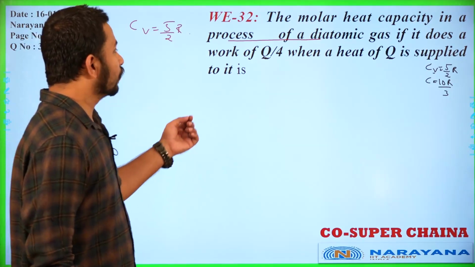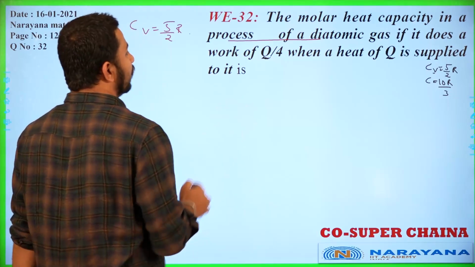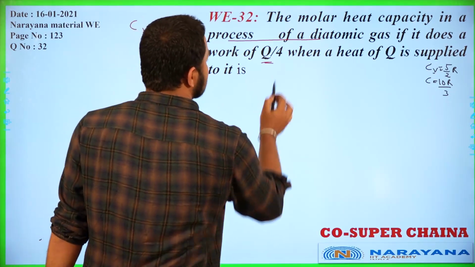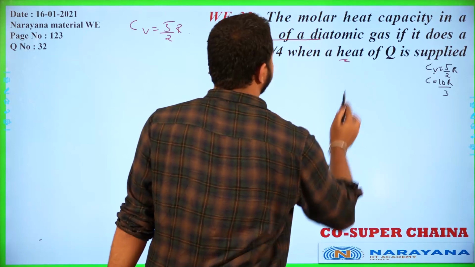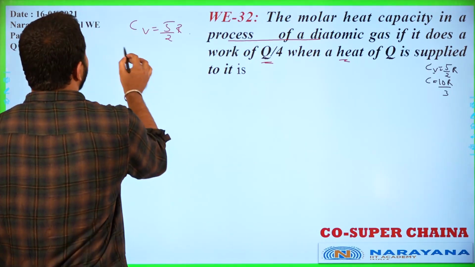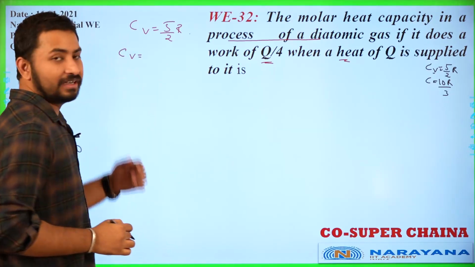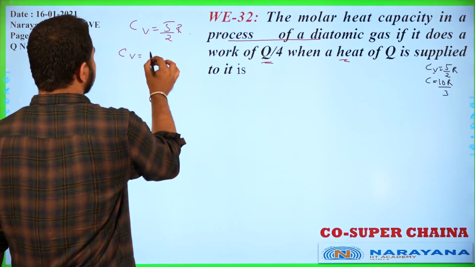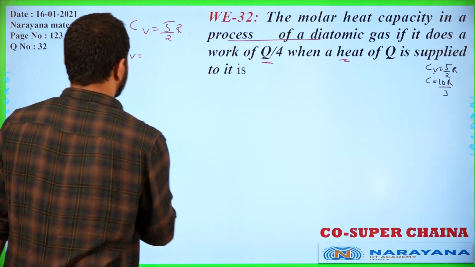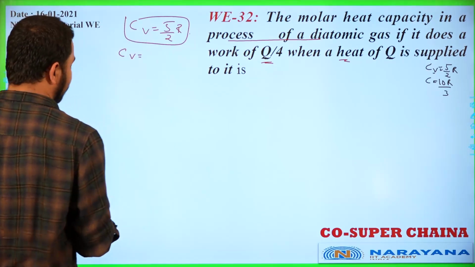Now we need to find the molar heat capacity, and we know the work done is given and the heat supplied is given. CV is 5 by 2R already, for a diatomic gas.